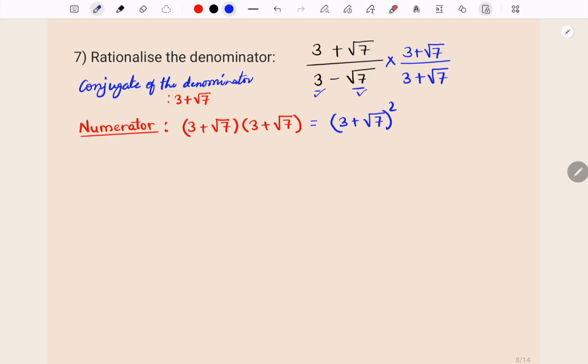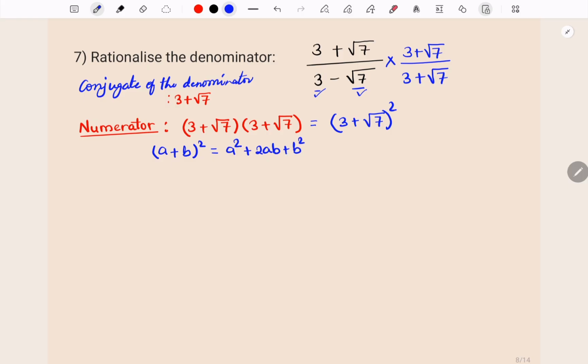We can solve this using a very famous algebraic identity. Can you guess? That is a plus b whole squared. We know that a plus b whole squared is a squared plus 2ab plus b squared, right?